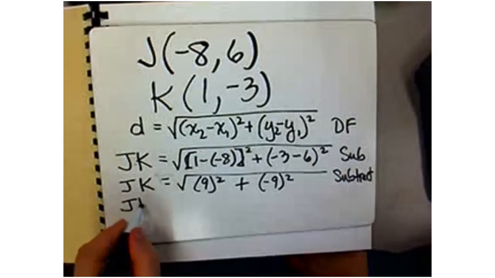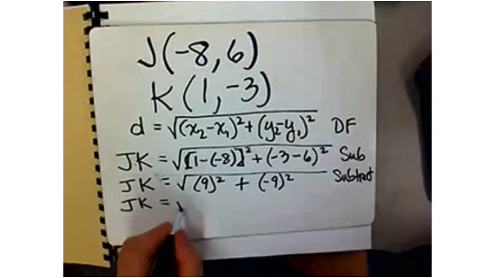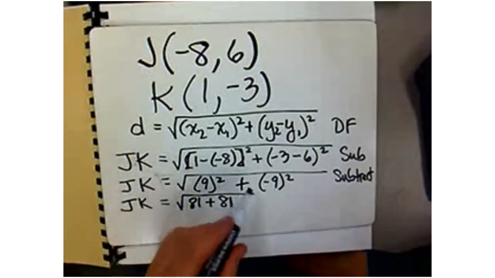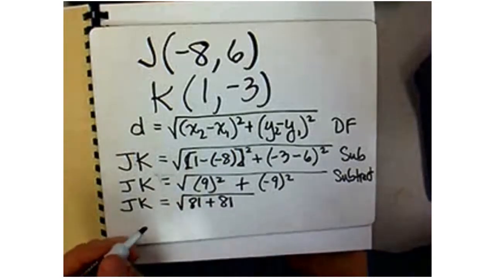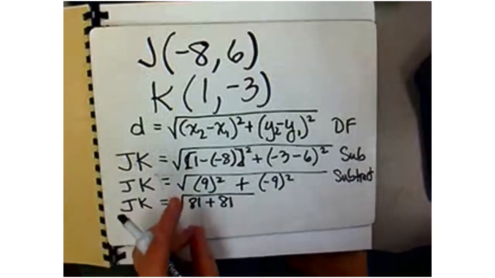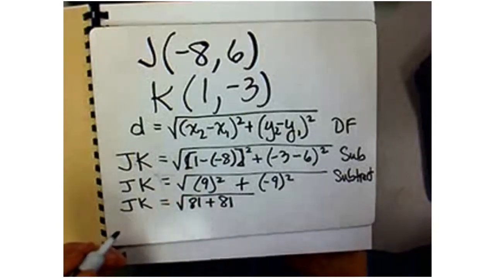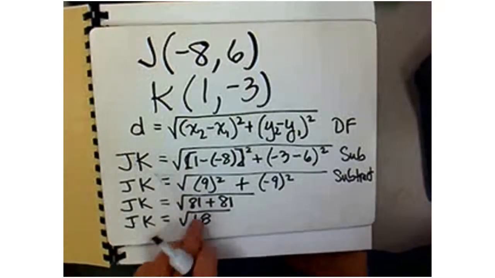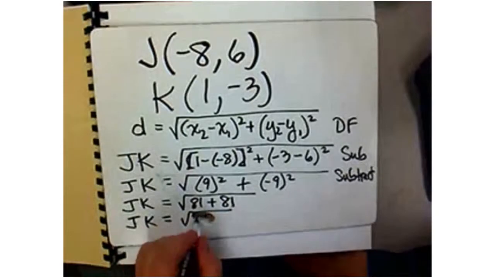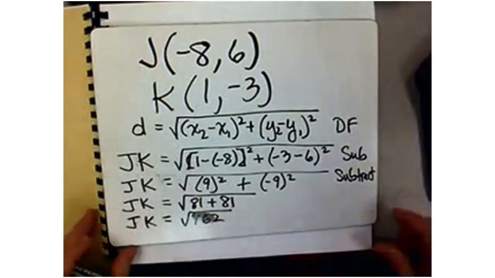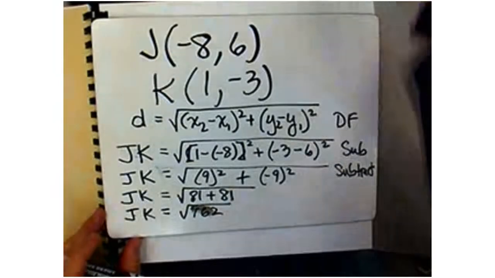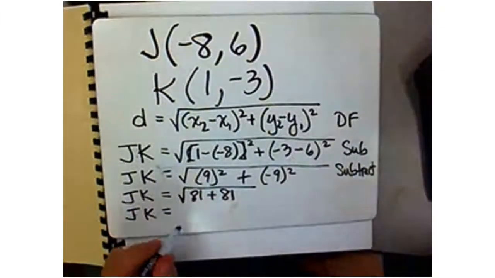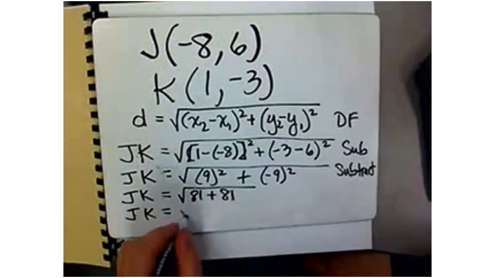Then we have JK equals the square root of 81 plus 81, because 9 squared plus negative 9 squared is 81 plus 81. So we do our squaring, our exponent rules. Then we add those two together, and JK equals the square root of 162. That's not a perfect square, so we have to do a little bit of calculator work.